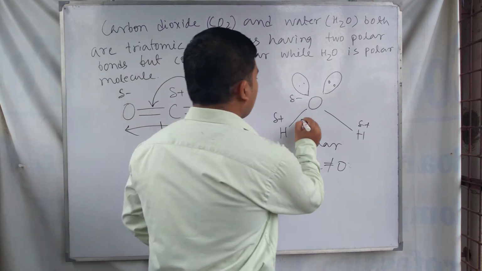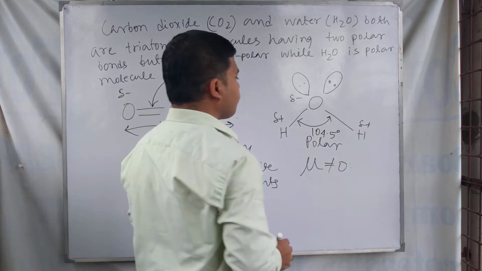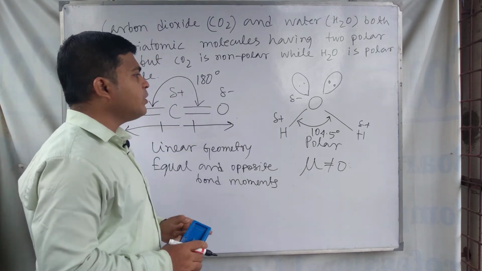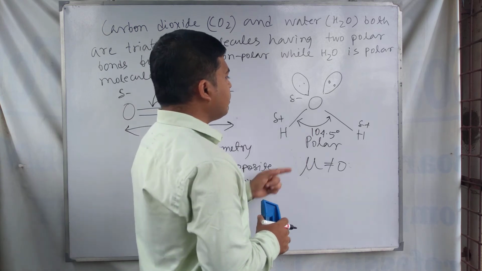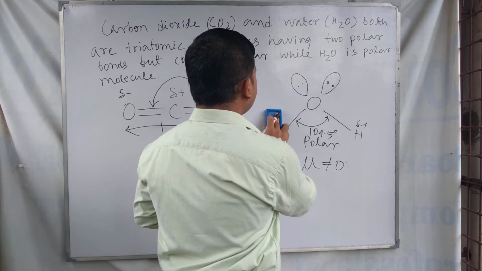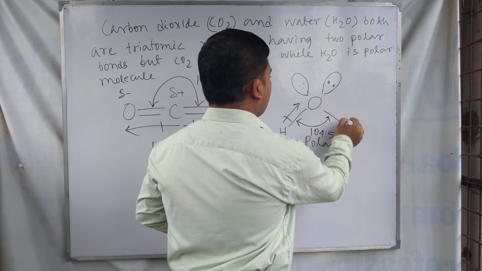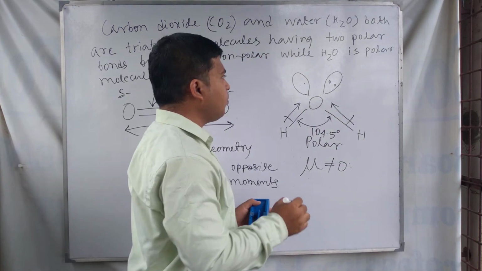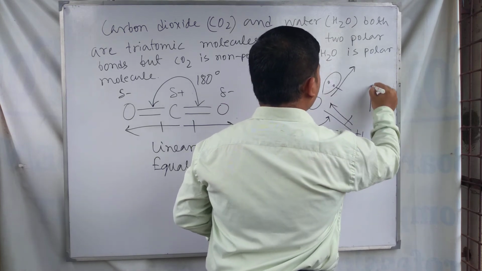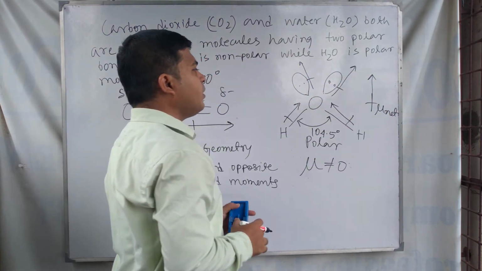But in the case of the water molecule, the angle is 104.5 degrees, and this type of linear geometry is not present here. The geometry is V-shape, and the direction of the dipole moment is like this, and this one is the direction of the lone pair moment, and the net moment, mu net, is in this direction.